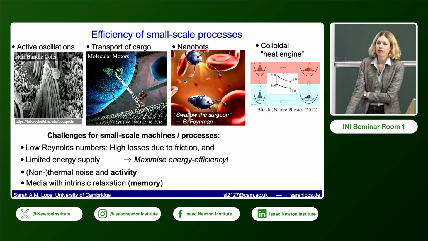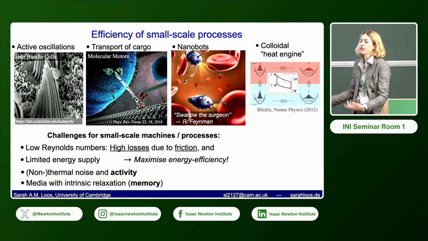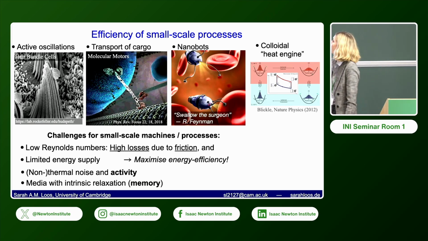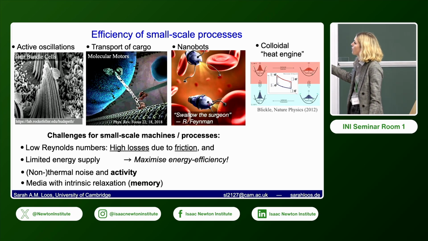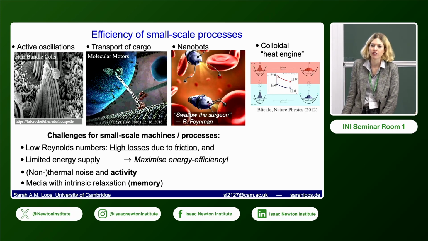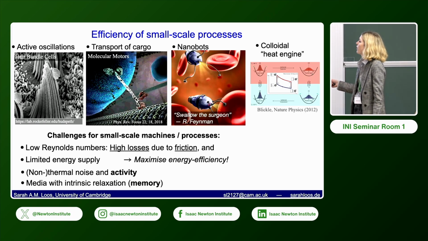And at the same time, if you imagine that you would like to build a robot on the size of a single blood cell or something, then of course it's also easy to understand that it's quite difficult to fuel such a machine. So you have the situation that you have high losses and limited energy supply.